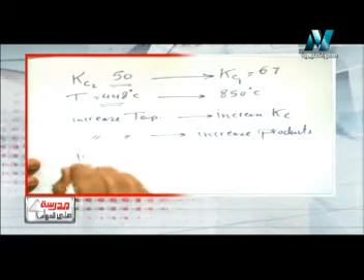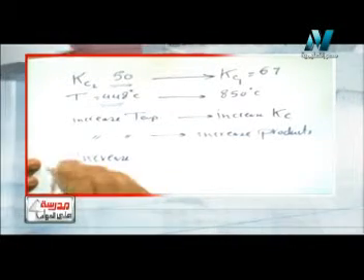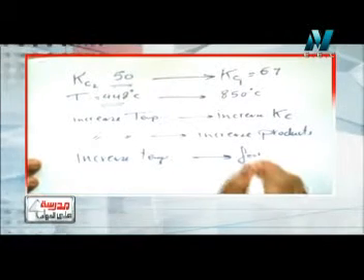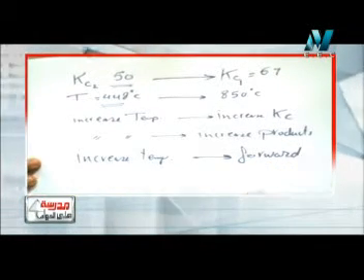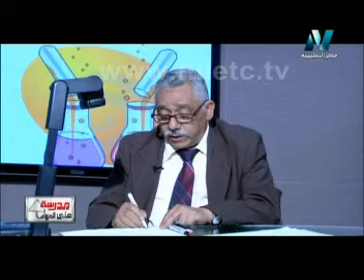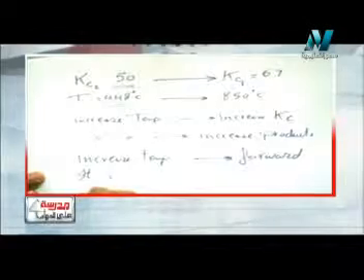So by increasing the temperature, the reaction shifted forward, so this reaction is endothermic. The heat is in the reactants, and by increasing the temperature, according to Le Chatelier, it shifts forward.